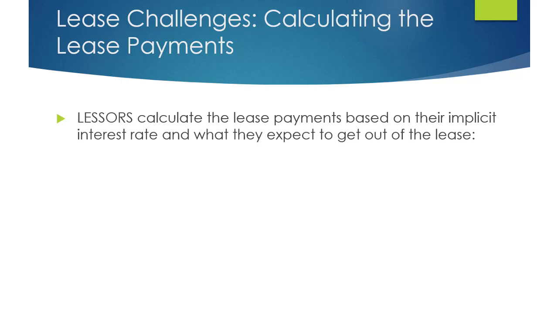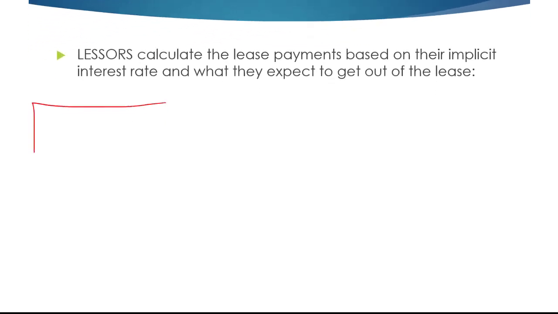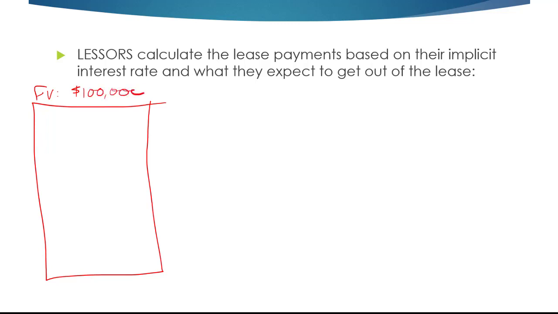Well, the big thing to remember is that the lessor is going to insist on getting the full fair value of their asset. So let's say we have an asset worth $100,000 that we want to lease out to somebody else. I'm going to get that $100,000 somehow.